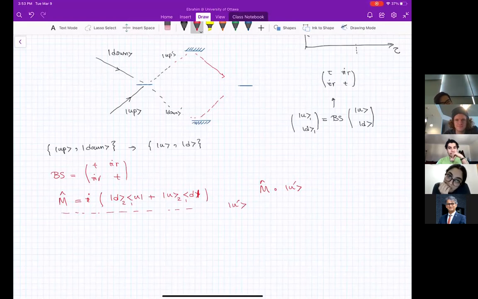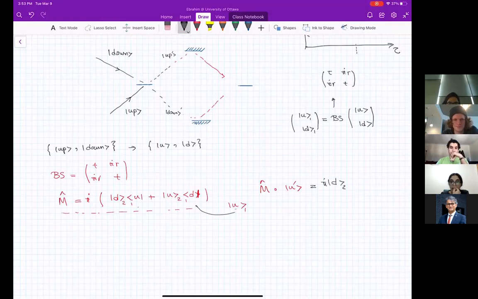U prime and D prime, or U1 and D1, they are orthogonal to each other because they are in the bidimensional Hilbert space that we assume. So the product of these two will be 0. True? Then the product of these with that one, what will be? D2. Yes, exactly.